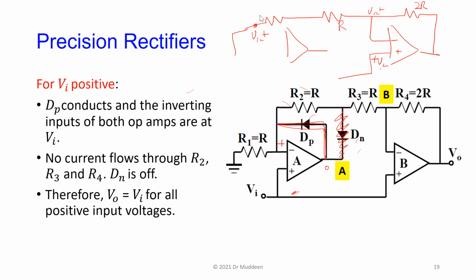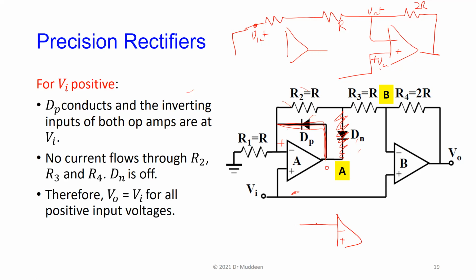You can ignore all of this, and you just have a non-inverting amplifier where I put a V in positive on the non-inverting input, right? This is out of the circuit, so it doesn't really matter what I have here. The output is just simply going to track the input. It's like a voltage follower at this point, because you have no resistance. If you have V in and V in here, it means that there's no current flow on this side at all, right? So you have an amplifier basically like this, positive, negative.